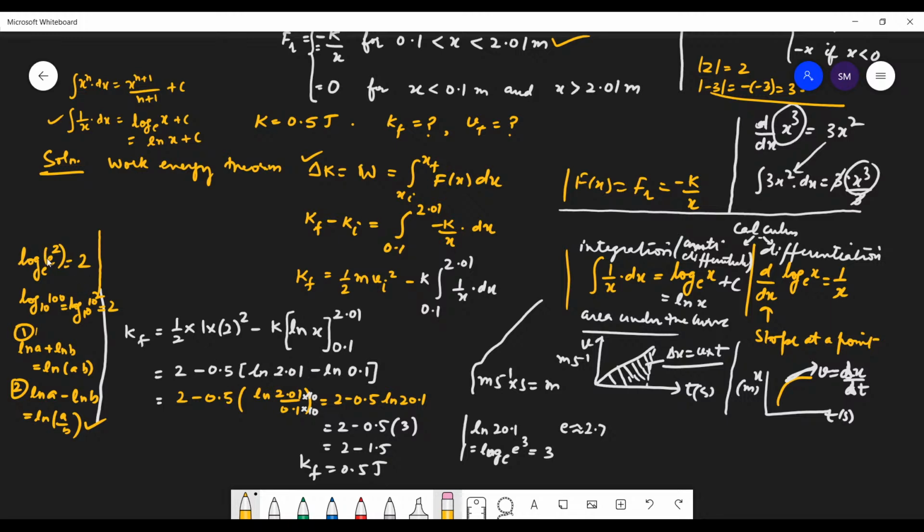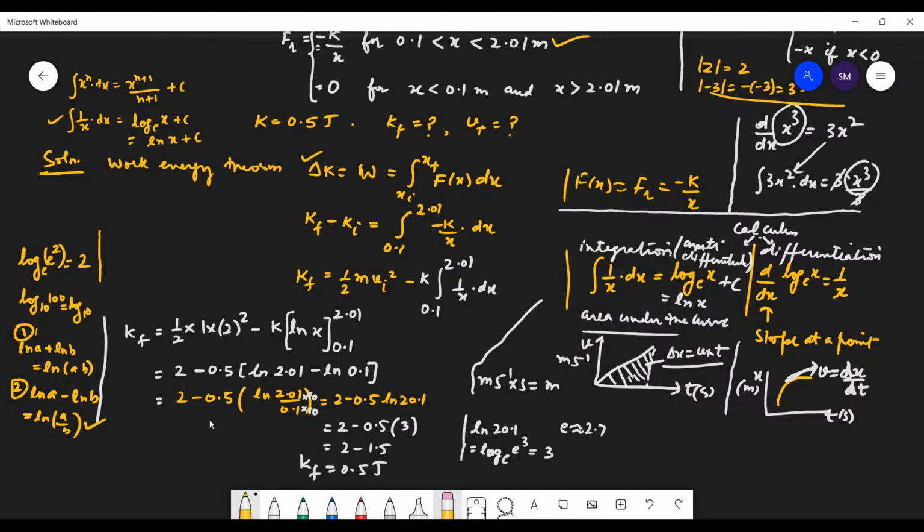Now a little bit of discussion about what is the meaning of log, because I think this is the first time you are studying log. So log to the base e: suppose x is equal to e raised to the power 2, then the answer is 2. Suppose it is log to the base 10, so what is the value of log 100 to the base 10?